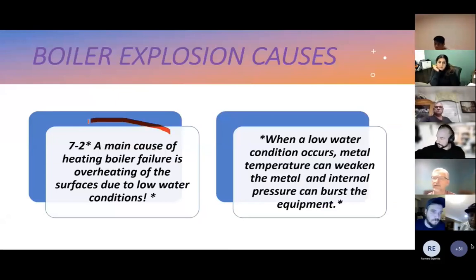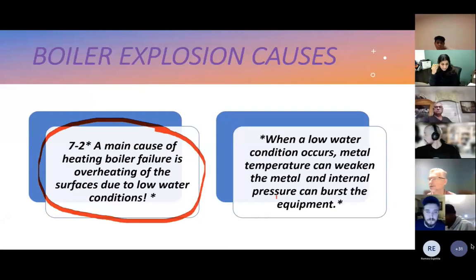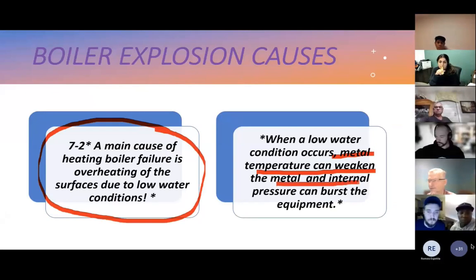Okay, the main cause of heating boiler failure is overheating of the surface due to low water conditions. High metal temperature weakens the metal, it softens up, it gets very weak. And the pressure, even a 100-pound boiler, 100 pounds pressure, a very severe boiler explosion occurred at the BCIT, Vancouver Trade School boiler.